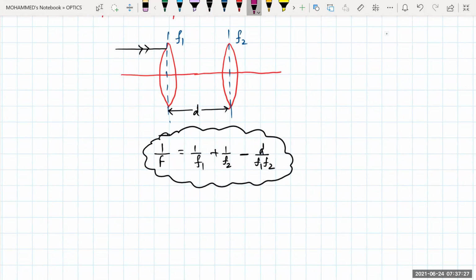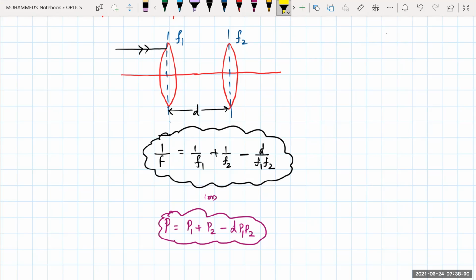Can you write this in terms of power? 1 by f is power, so we just have to invert it. So it is P1 plus P2 minus d into P1 into P2, because 1 by f1 is nothing but power. So this becomes P effective: 1 by f1 becomes P1, 1 by f2 becomes P2, and 1 by f1 f2 becomes P1 into P2.